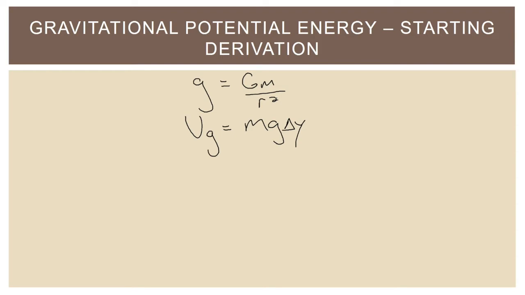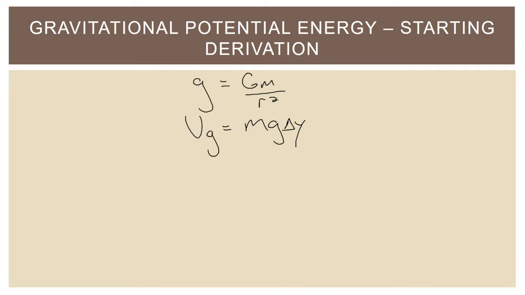That delta y is a measurement for gravitational potential energy that we usually make zero at the surface of the Earth. Whereas little g has a distance in it as well, r, which we usually make zero at the center of the Earth.